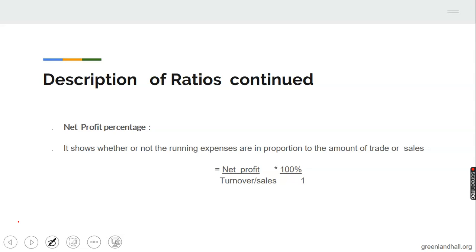So it shows the ratio between net profit and sales multiplied by 100%. So that is what gives us the net profit percentage.